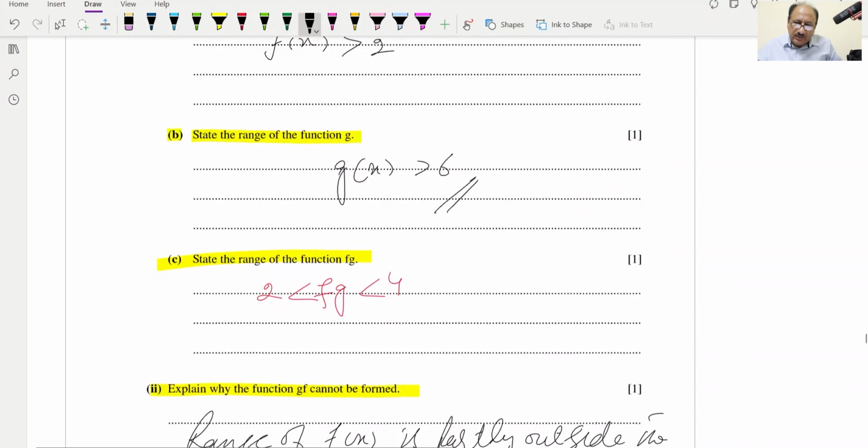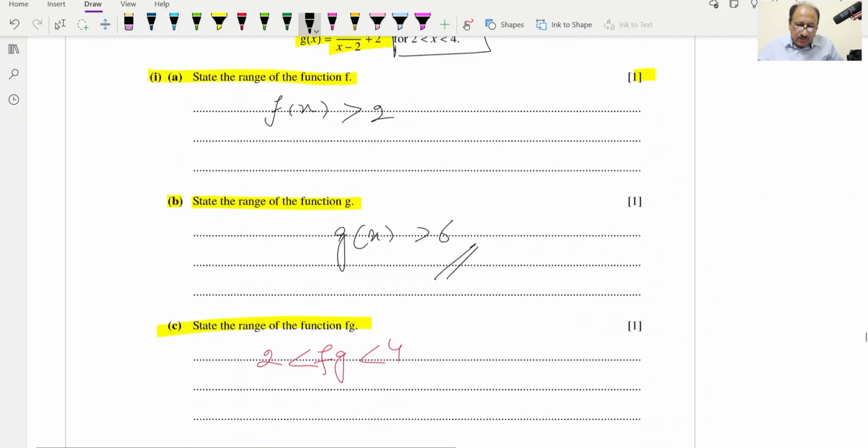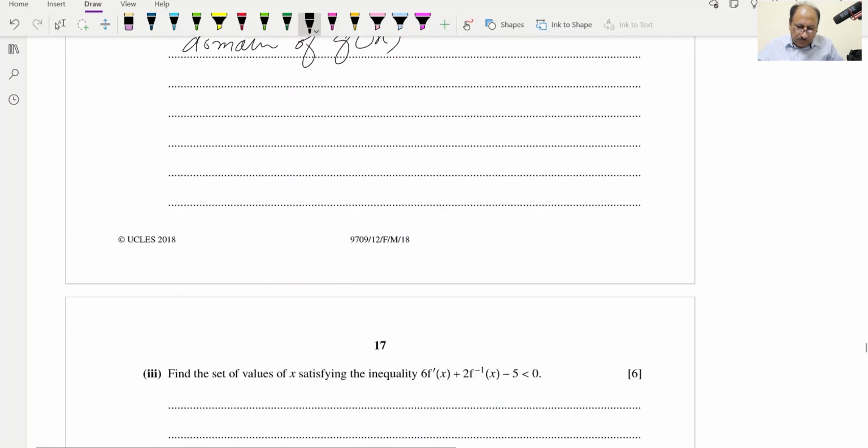If we check these ranges, this one is greater than 2, everything greater than 2, but this one is only from 2 to 4, and the rest of everything is out of range, so that's why we are excluding it.